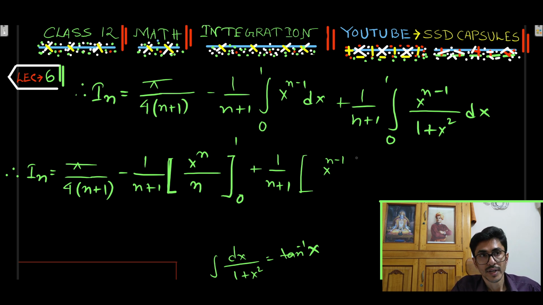So x to the power n minus 1, times the integral dx of 1 by 1 plus x square. We know that the integral dx of 1 by 1 plus x square means tan inverse x. So we directly write this.